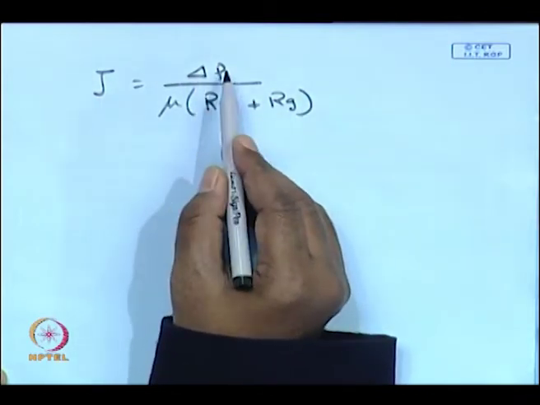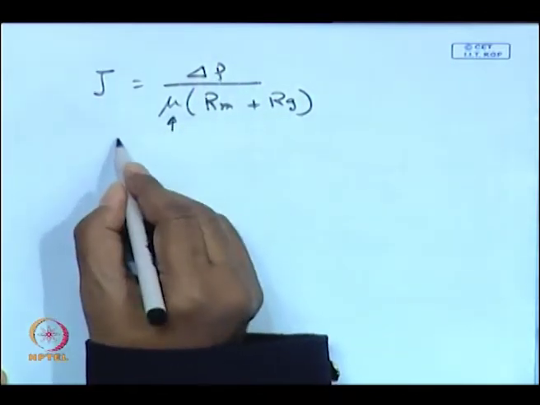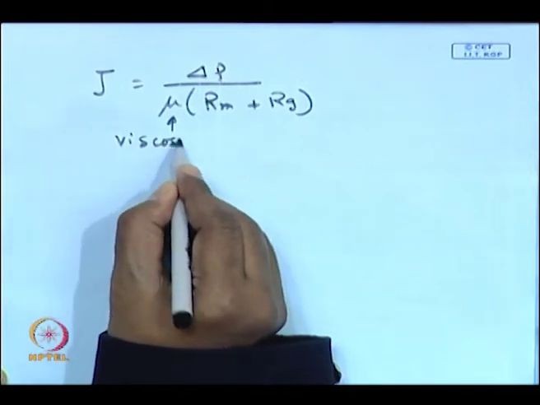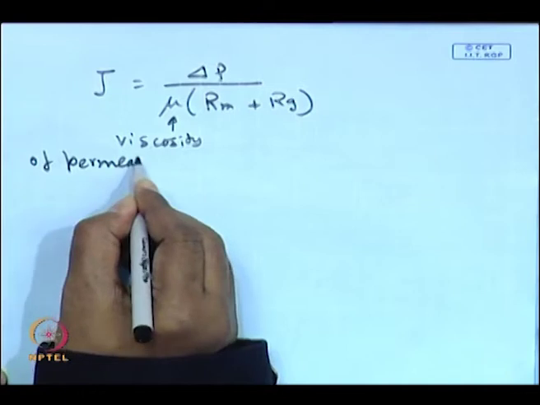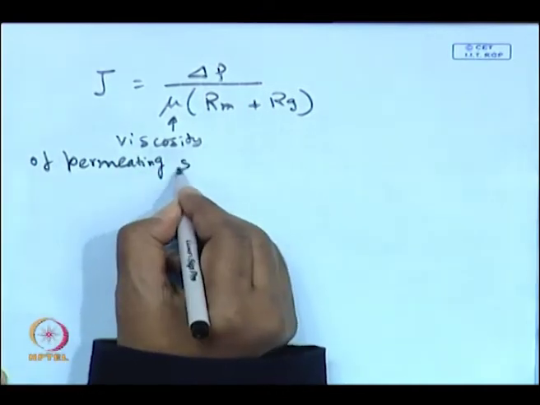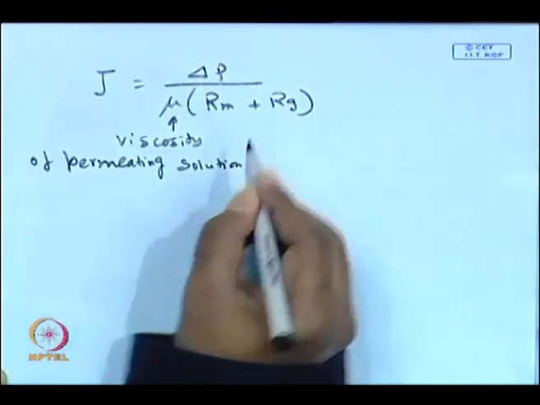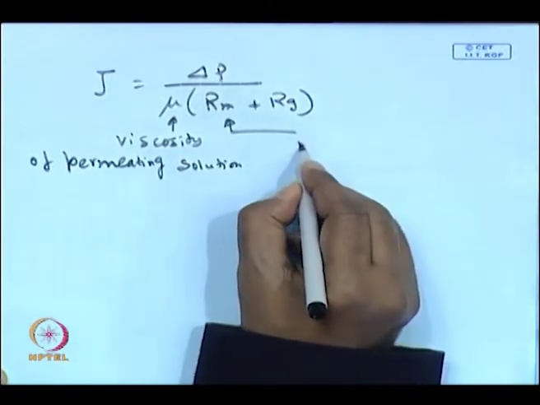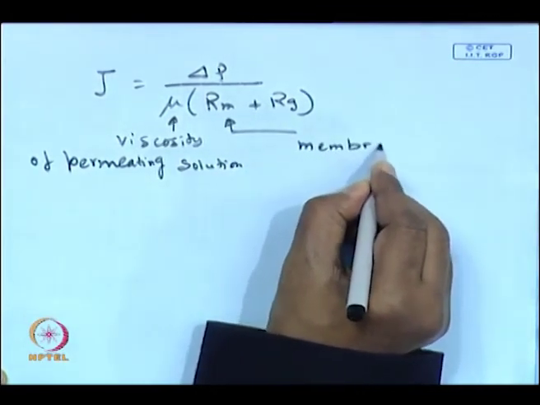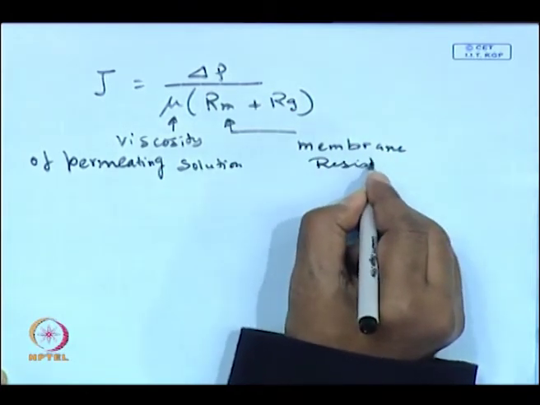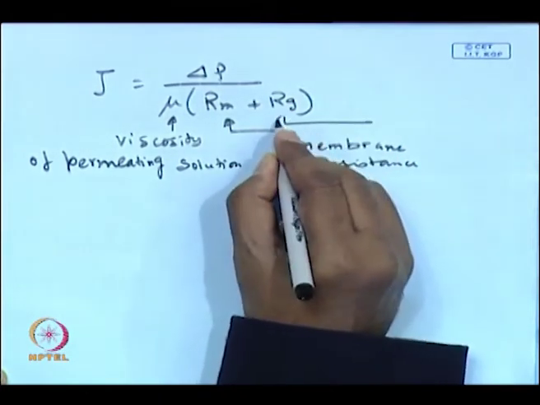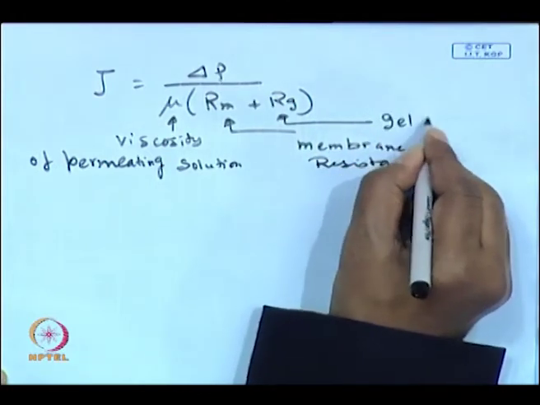This is the driving force delta P, mu is the viscosity of the permeating solution, R m is the membrane resistance, and R g is the gel layer resistance.